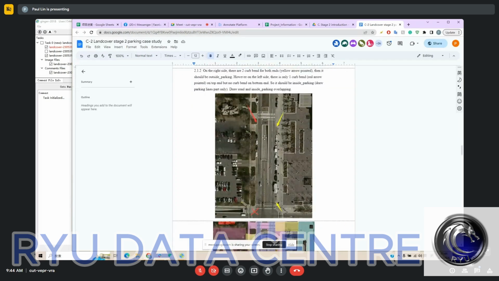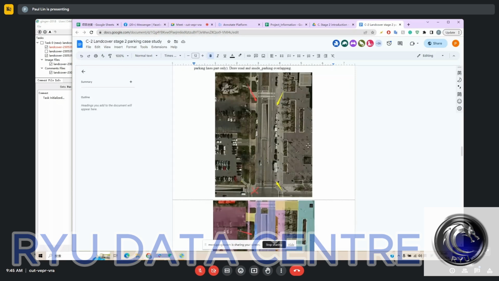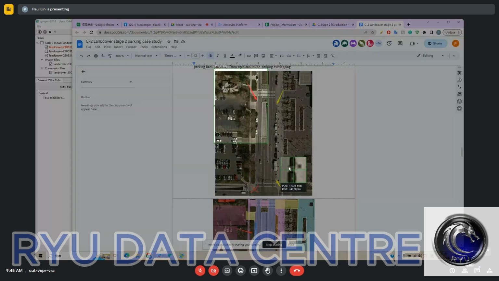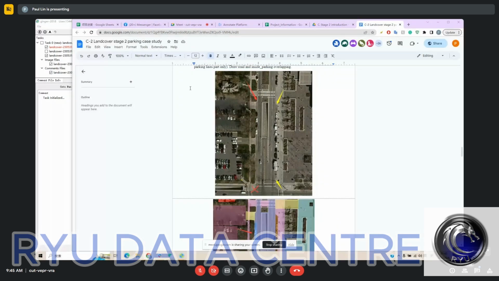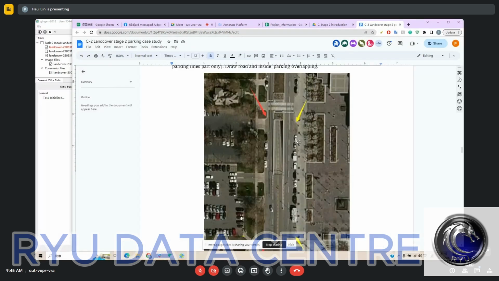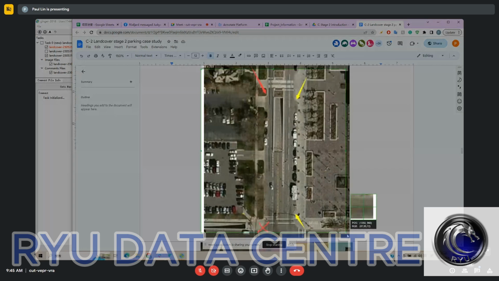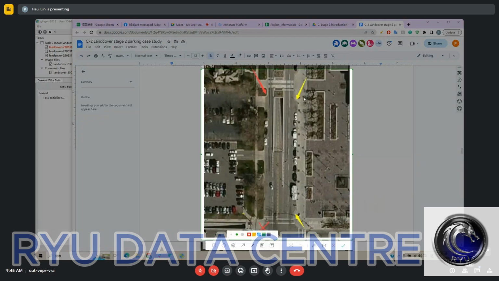More examples. This is not part of the road. In order to not get confused, I will expand this a little bit bigger. As you can see, the boundary of the road is actually here, and you can follow this straight line, which makes this road.